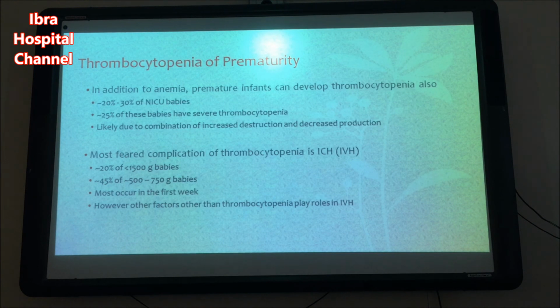If you transfuse a patient with thrombocytopenia and he has strong suspicion of TTP, you may kill the patient because you are giving fuel to the fire. That's the expression they use in textbooks.